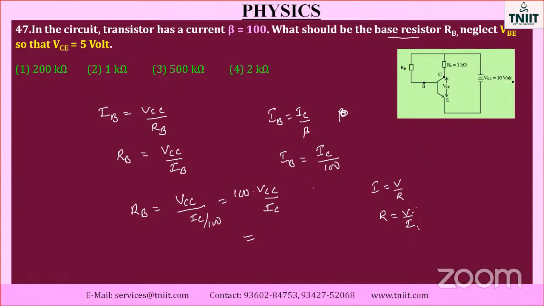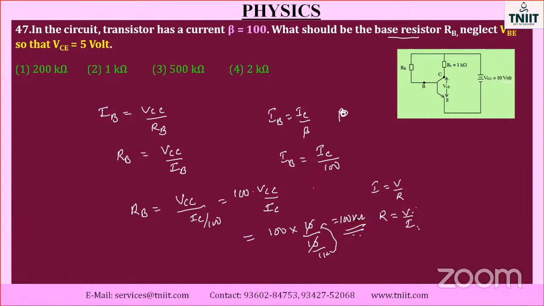Now, what is VCC? They have given it as 10. But what is IC? IC is VCC by R. So VCC is 10 and R is 1 kilo ohm. When the 1 kilo goes up, it cancels out. So 100 kilo ohm.